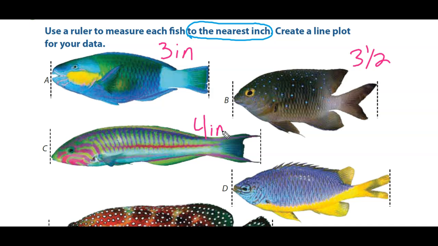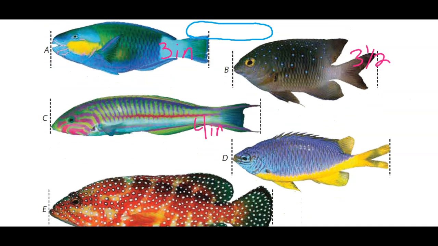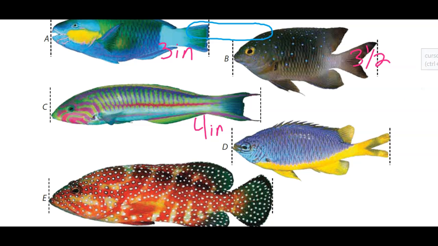When they say to the nearest inch, it actually says estimate. Use a ruler to measure each fish to the nearest inch. Okay, 3.5. Let me move this up a little bit so you can still see. How about D? 3.